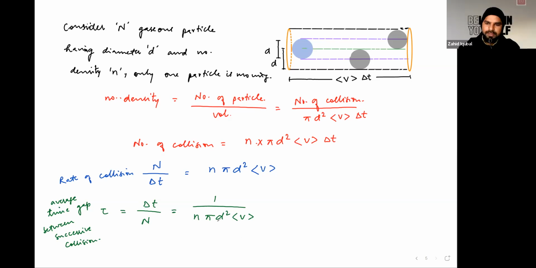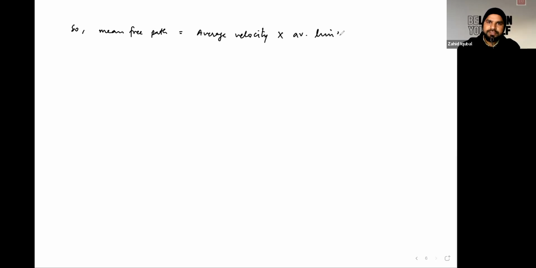Now from this last part, let me define it. So mean free path is equal to average velocity multiplied by the average time gap between successive collisions.